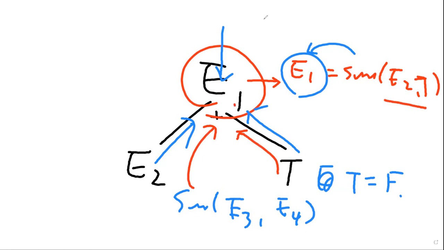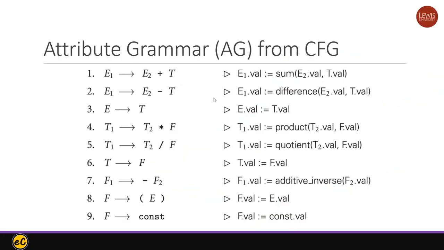Is that okay? So it's a bottom-up operation. It is a bottom-up operation here. Okay, so that's the relationship. When we build this with the attribute grammar, we can evaluate a tree from the bottom and go up. So it's very important.